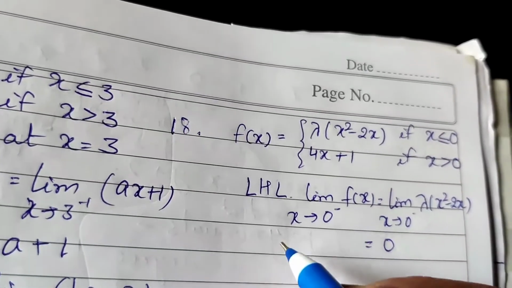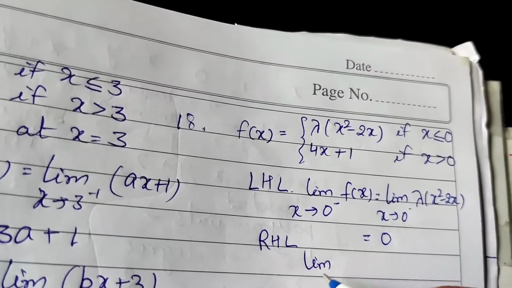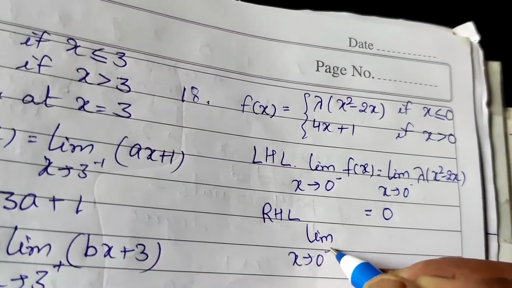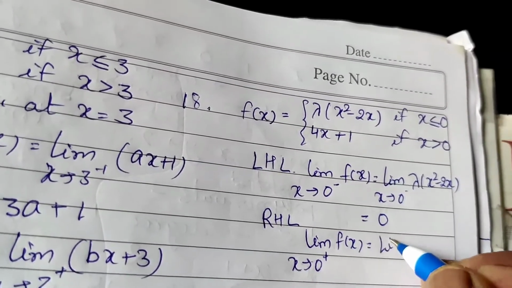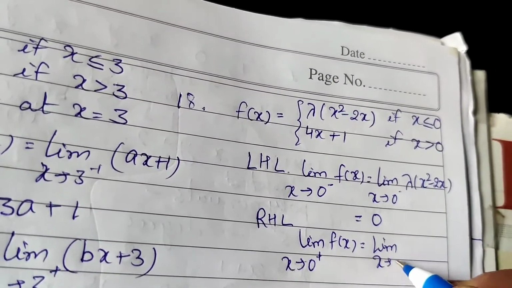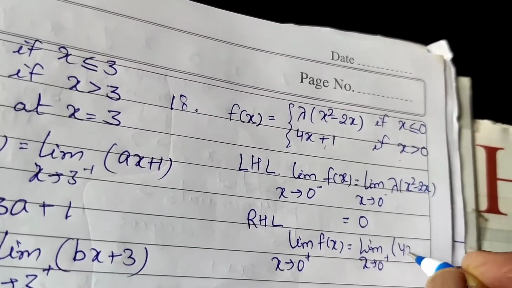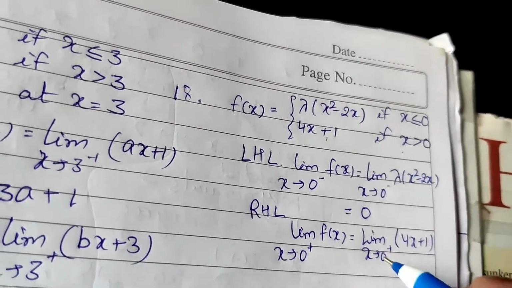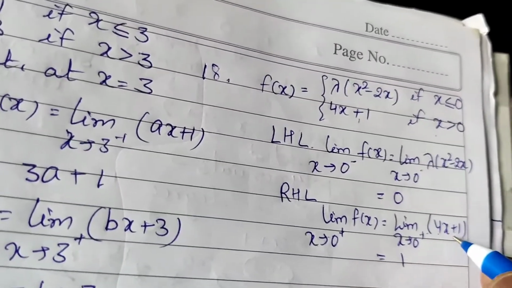Now the right hand limit. When x is greater than 0, the function is 4x plus 1. The value is 4 into 0 plus 1, it is 1.